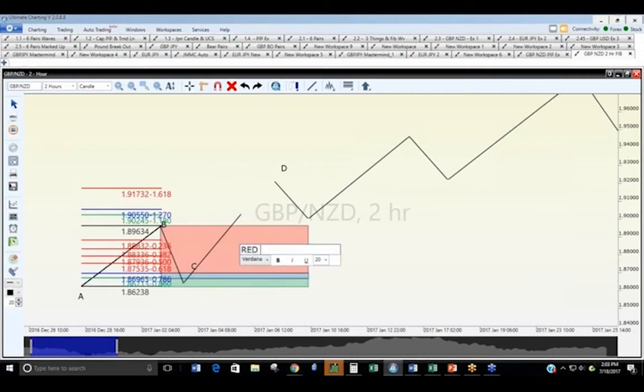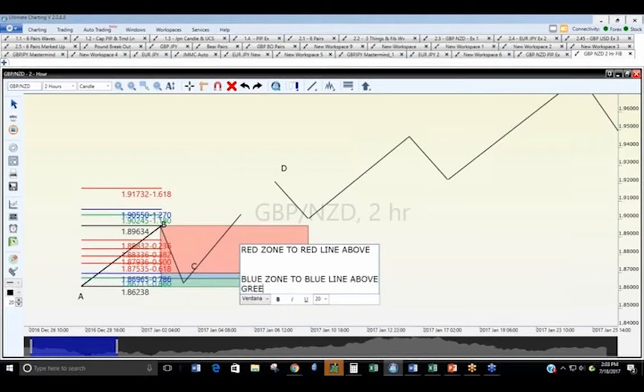So let me just write this. Red zone to red line above, blue zone to blue line above, and green zone to green line above.